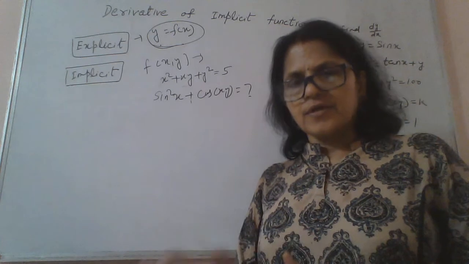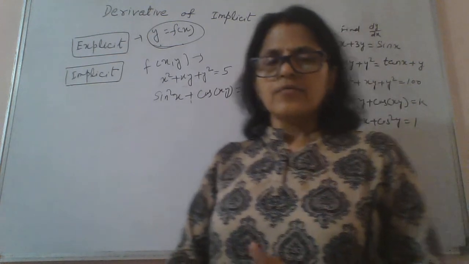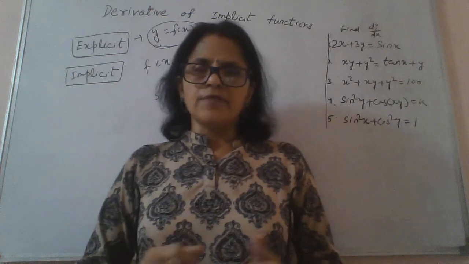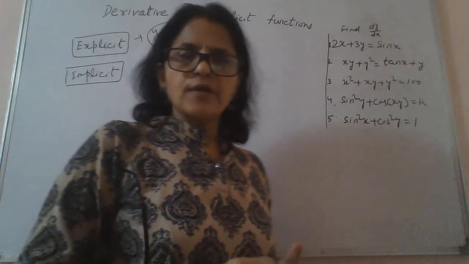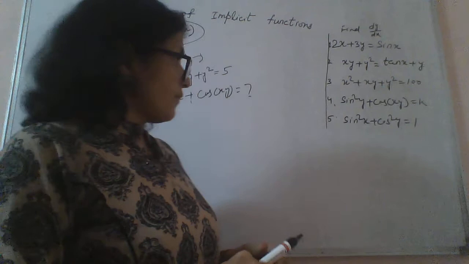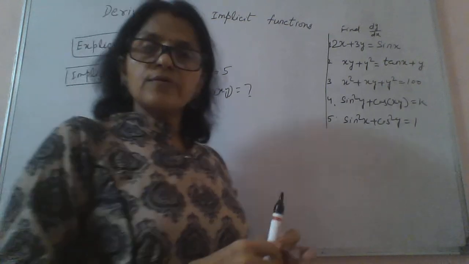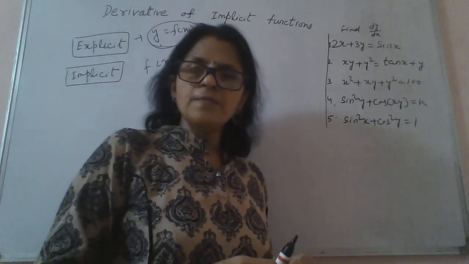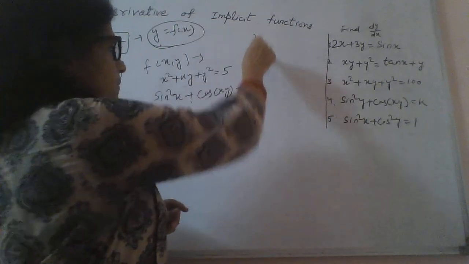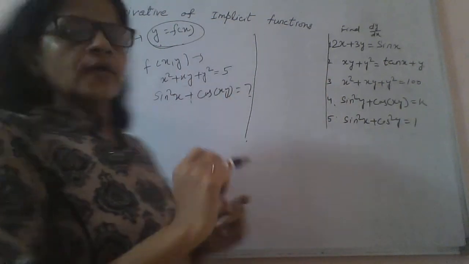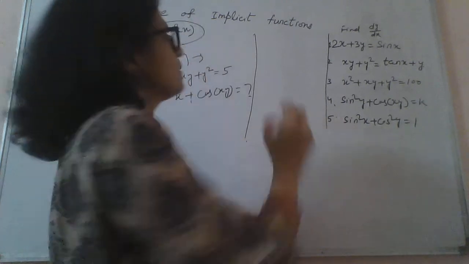Till this time we have been differentiating by taking explicit functions. Now let me tell you how to evaluate the derivative of implicit functions. Let me take a very simple example first.